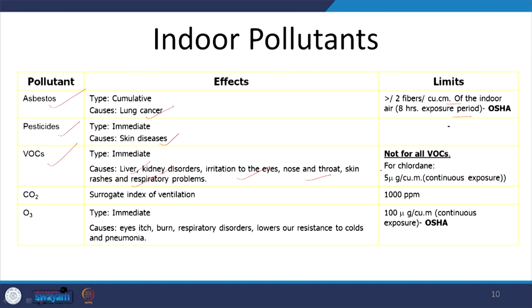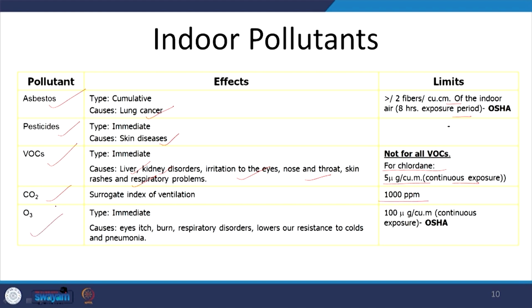But for chlordane, one of the most impacting ones, the limit is 5 micrograms per cubic meter for continuous exposure. Then carbon dioxide causes multiple health effects similar to carbon monoxide, but of reduced intensity, and the maximum is 1000 parts per million. We have also seen that earlier.